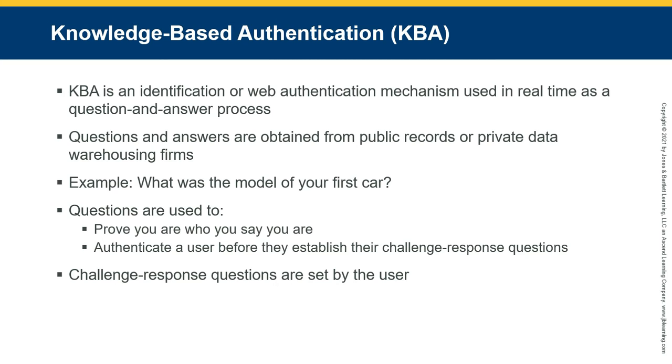Questions and answers are obtained from public records or private data warehouse firms. For example, what is the model of your first car? Questions are used to prove that you are who you say you are. To authenticate a user, they establish their challenge response questions, and the responses are sent by the user.